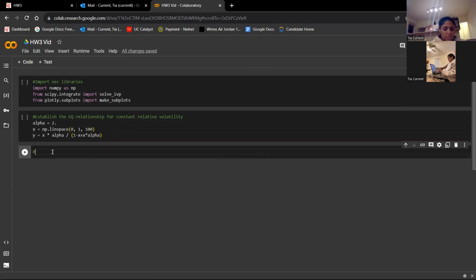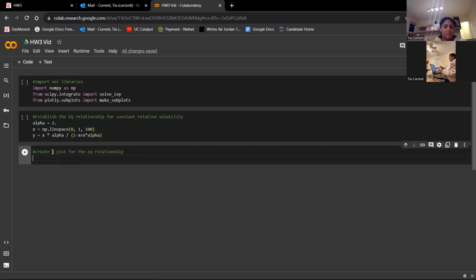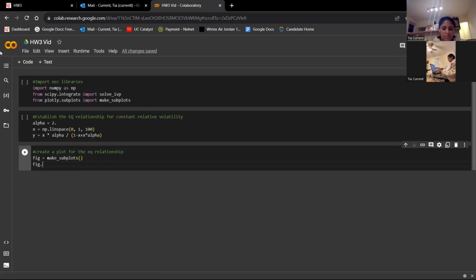So next we're going to create a plot for the equilibrium relationship. Open close parenthesis, and then scatter, x equals x, y equals y, comma, and then our mode. Mode is equal to lines, and then the quotation is closed.